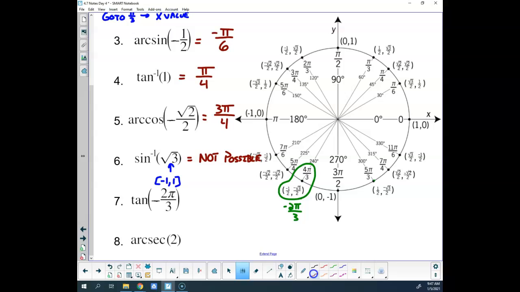The tangent there we said was y over x. So that is going to be the fraction negative square root of 3 over 2 divided by negative 1/2. In the bottom, flip it. So then that gives me a tangent value of positive root 3.